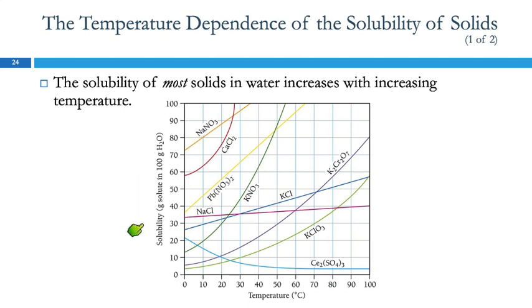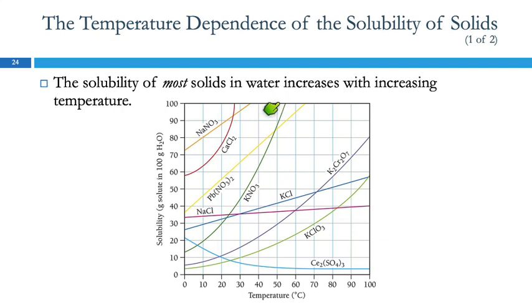Here we've got a graph showing the solubility, which is the grams of solute that will dissolve in 100 grams of water as a function of temperature. And so we see that for most solids, as you increase the temperature, the solubility goes up. Some of them quite dramatically. Potassium nitrate is way up.